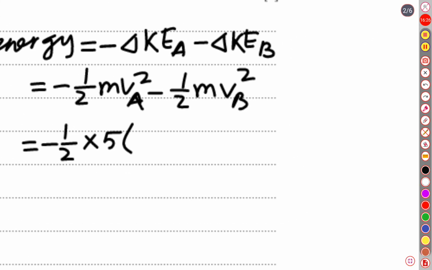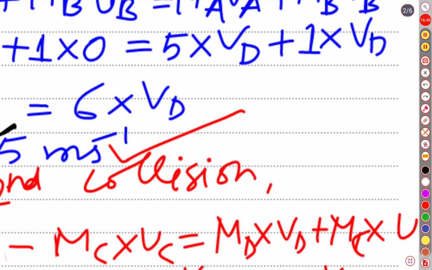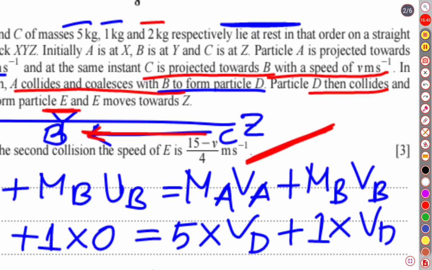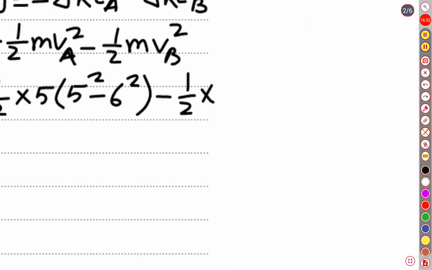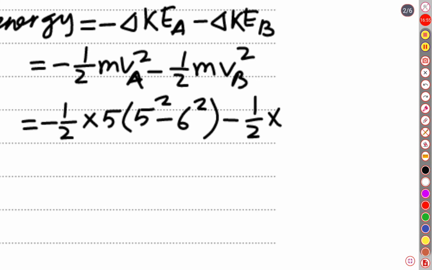So it is 5 squared, and the initial velocity was 6, so 6 squared, minus half of the mass of particle B, which was not 2, but 1 kg. The final velocity of particle B and A, which combined and coalesced, was 5 squared.